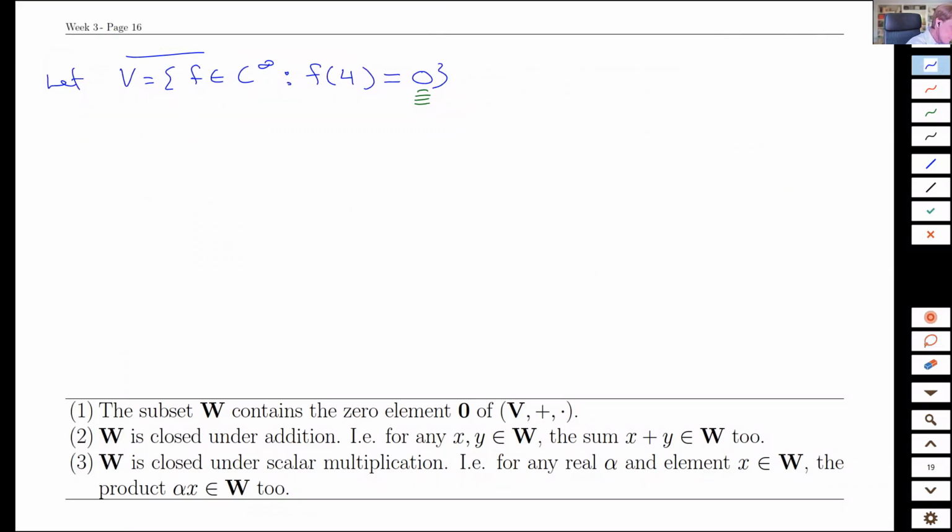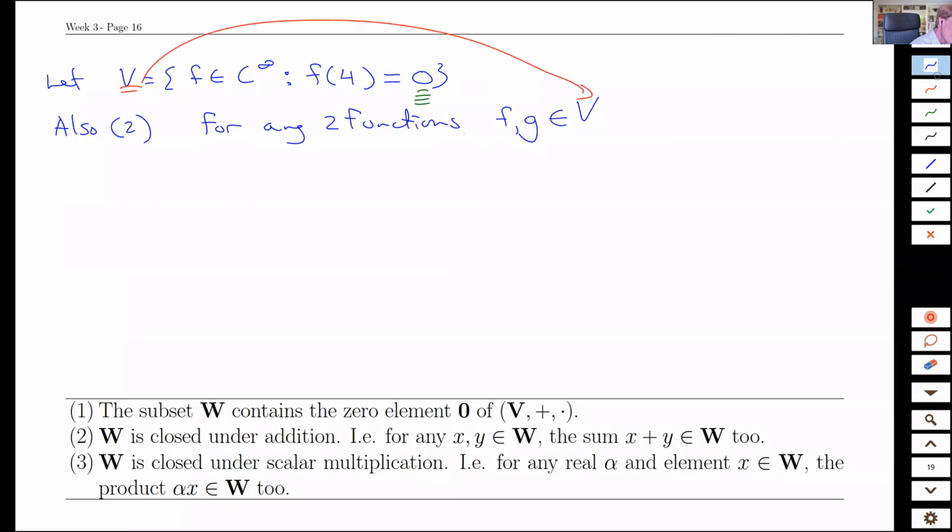And also, second, for any two functions, let's call them f and g, that are in my set V. So again, we're using functions from our set that we're interested in. f plus g is also in V, and we need to show this, so it's not obvious.